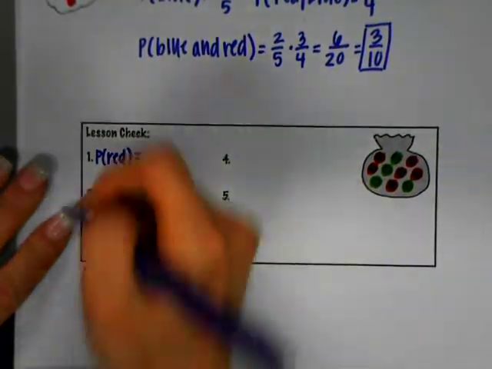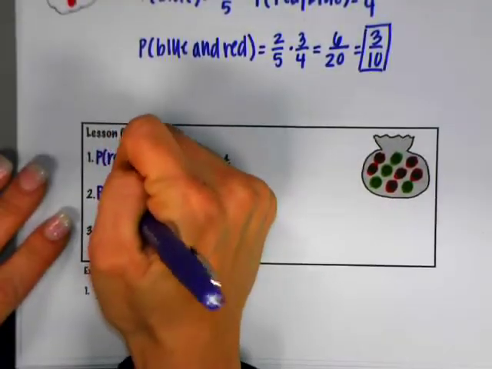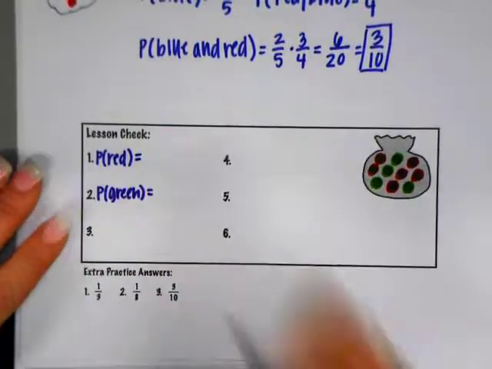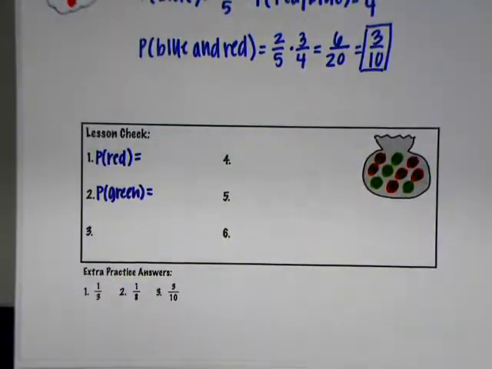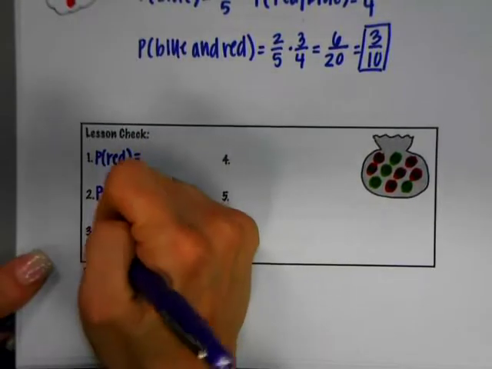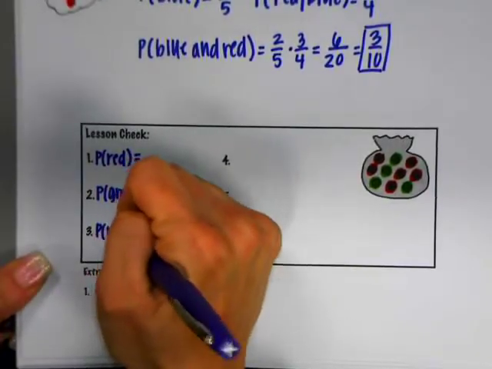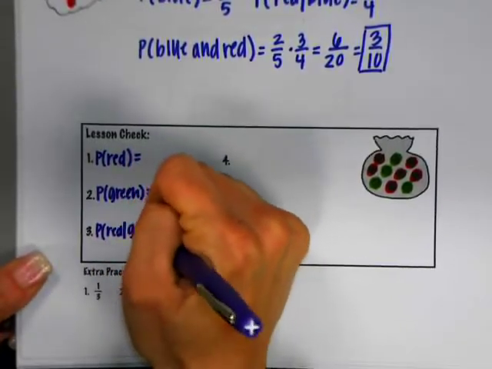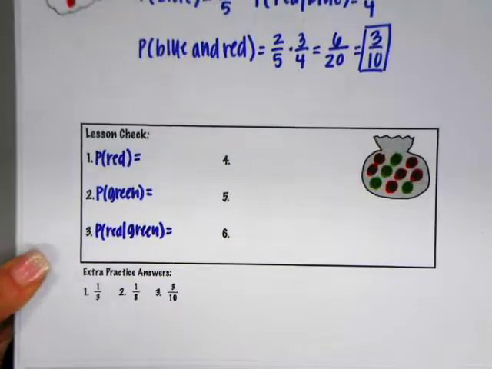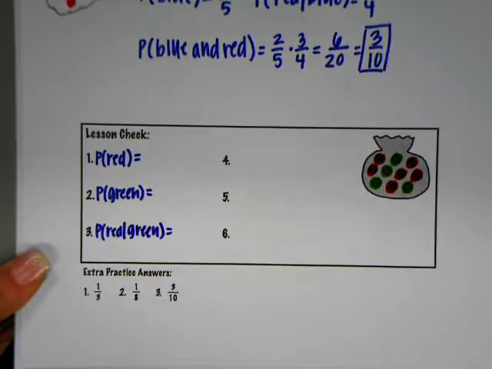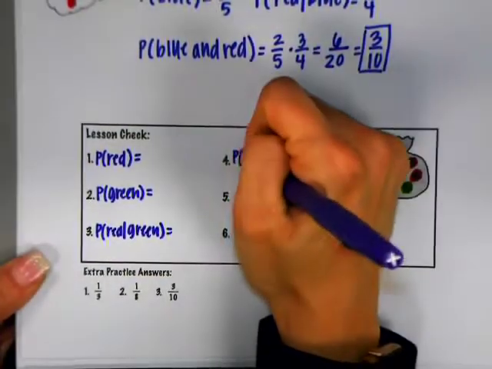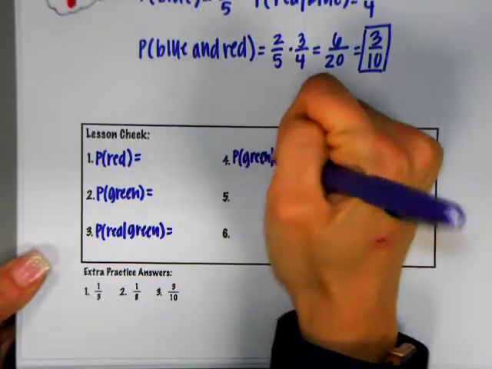Number 2, you're finding just the independent probability of green. Number 3, you're finding the probability of red, given that you already got a green one out. Number 4, you're finding the probability of green, given that you already took a red one out.